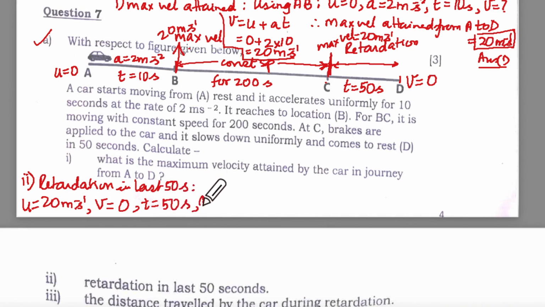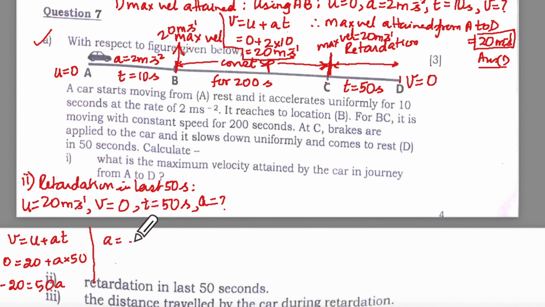And for retardation, I'll find A. Again, I'll say V is equal to U plus AT. So 0 is equal to 20 plus A into 50. So minus 20 is equal to 50A. So A is equal to minus 20 upon 50, which is equal to minus 0.4 meter per second square.